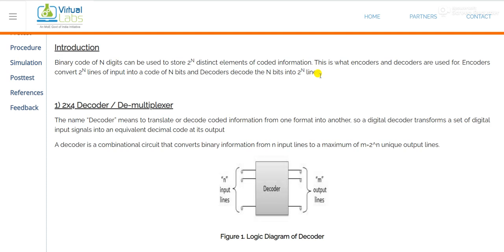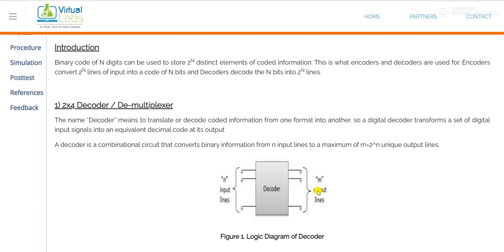So first, decoder. Decoder is used to translate or decode the coded information from one format into another, or a digital decoder transforms a set of digital input signals into an equivalent decimal code at its output. So this is the block diagram of decoder, in which there are n input lines and m output lines.